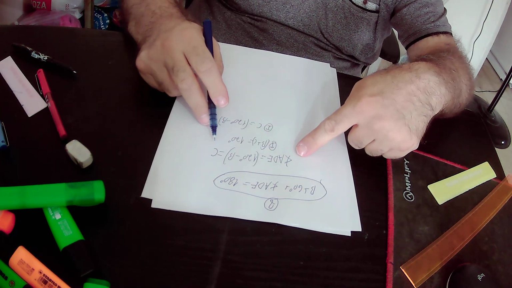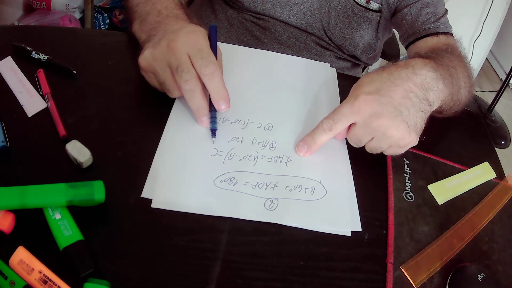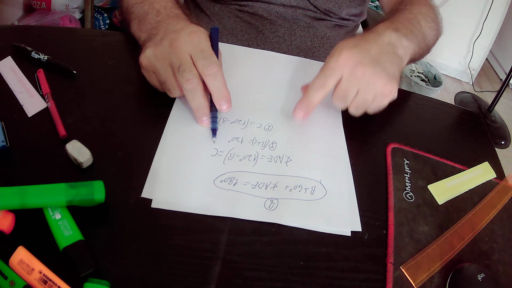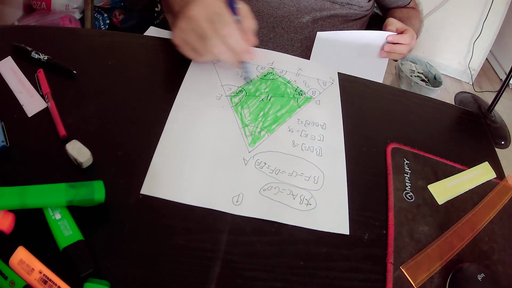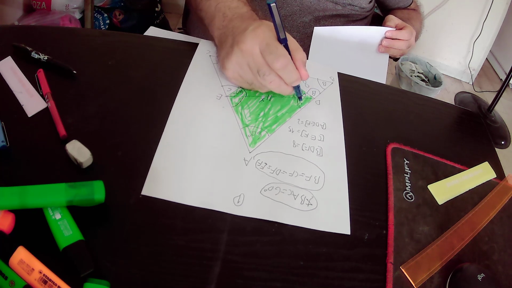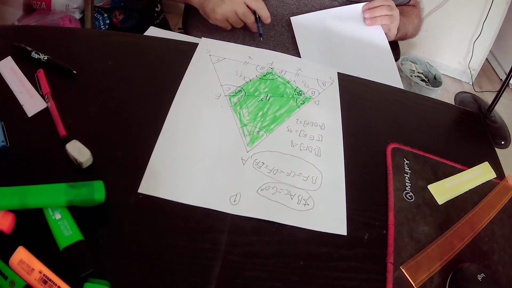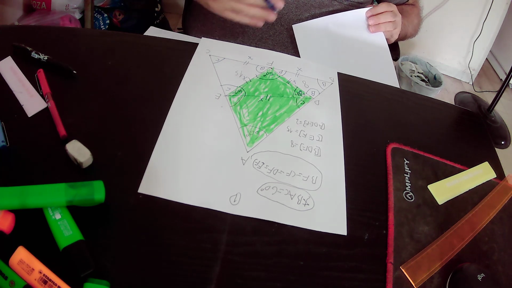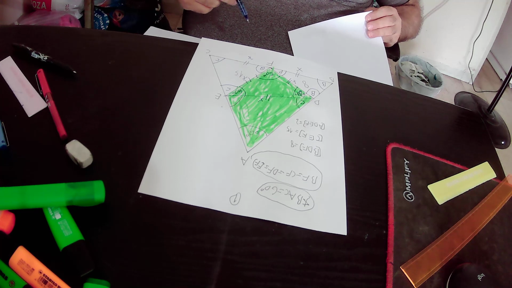So we actually found out that angle ADE equals C. Okay? In the next step we will repeat the same process on the other side of triangle ABC.